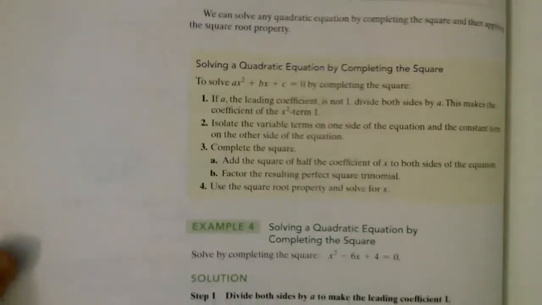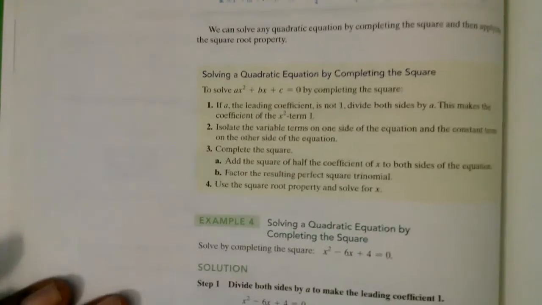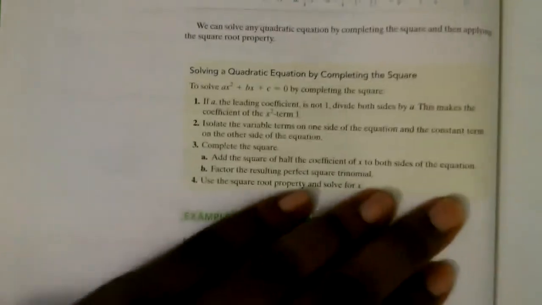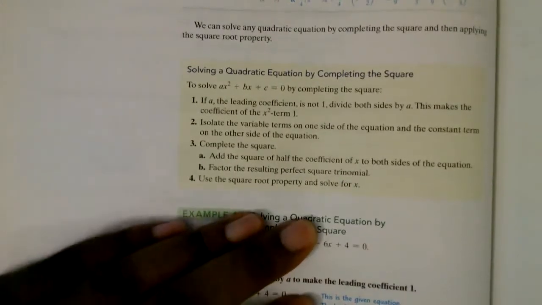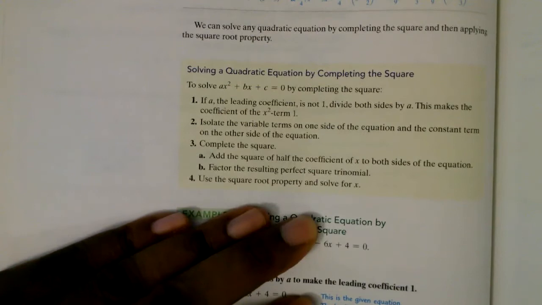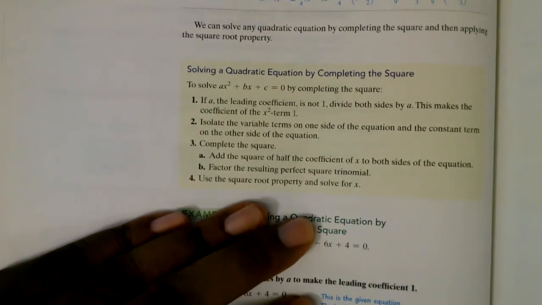I was able to find this technique for solving a quadratic equation by completing the square. Now, if you want to, you can pause this video and copy down the directions or the procedure that's in this yellow box here. So to solve ax squared plus bx plus c equal to 0 by completing the square, you're going to do these 4 steps.